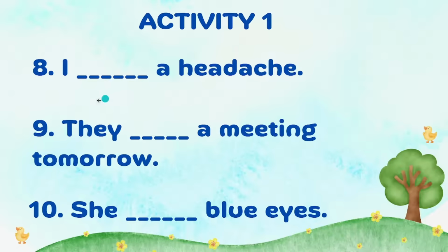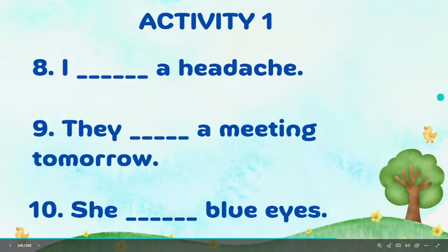So, for number 9, they have, of course, a meeting tomorrow. And next, for the she again, it's has. She has blue eyes. Oh, wow. Okay, she has blue eyes.